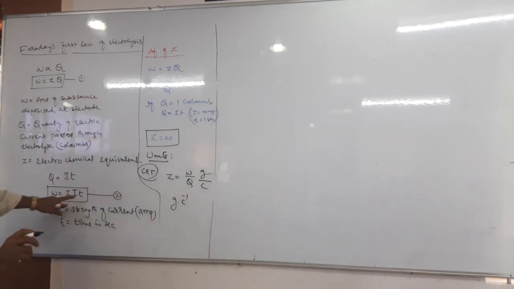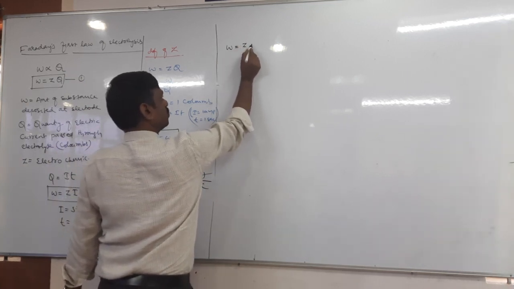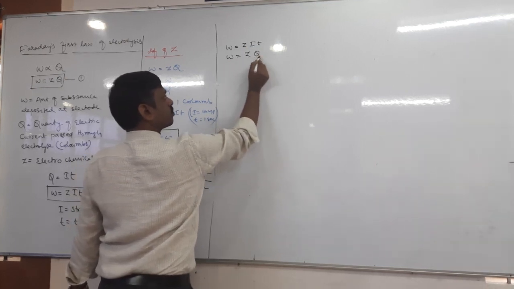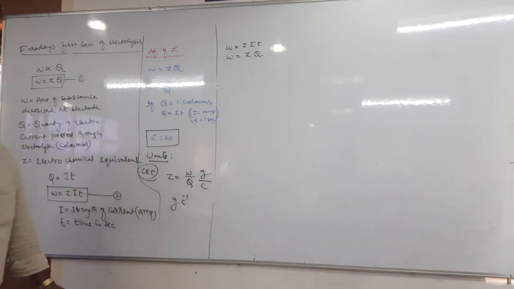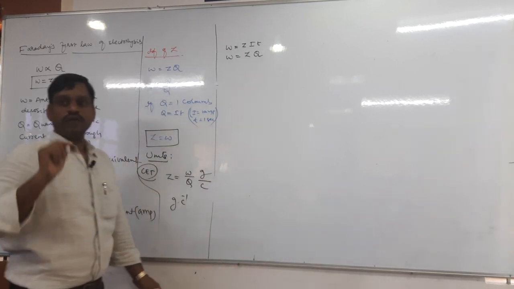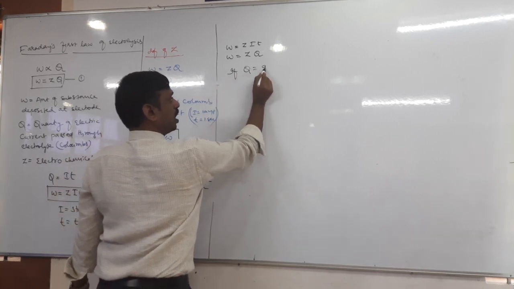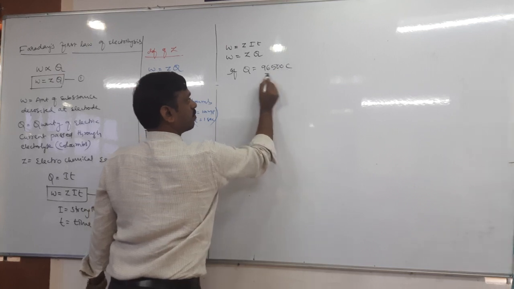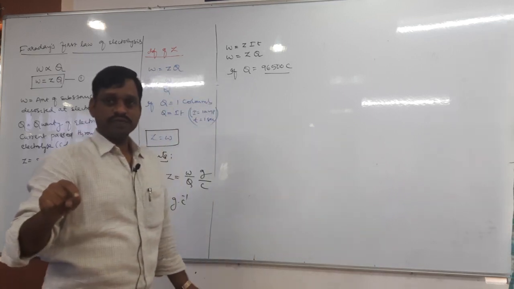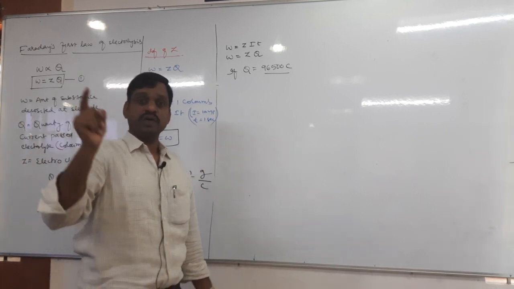Fine. Then take equation 2: W equal to Z into I into T, and we also know that W equal to Z into Q. If Q equal to 96,500 coulomb, that is 1 Faraday, and 1 Faraday of electric current is passed through the electrolytic solution, how much substance is deposited?